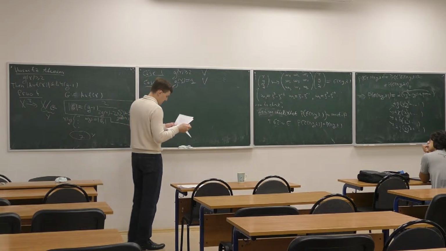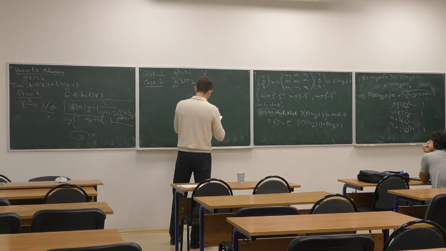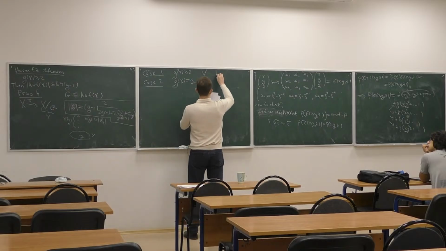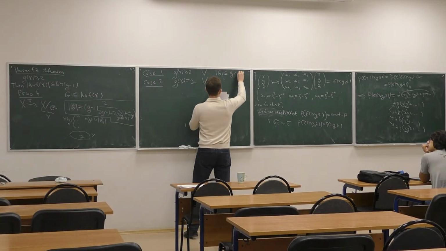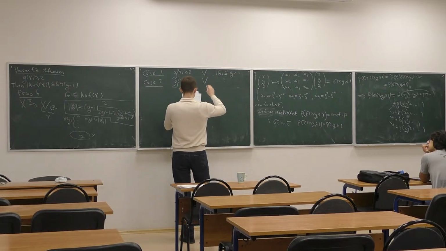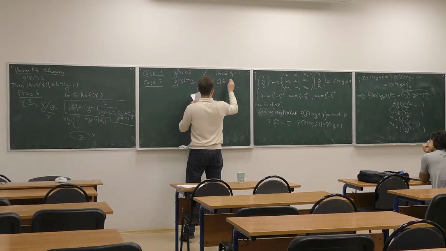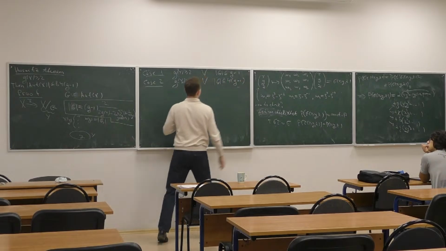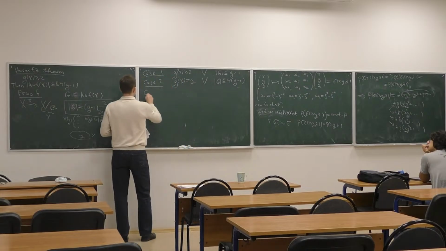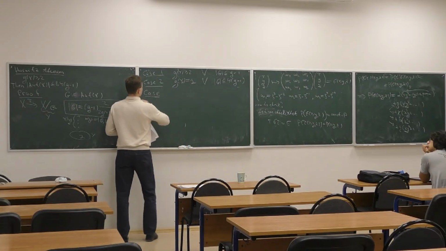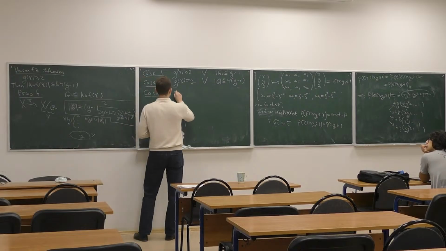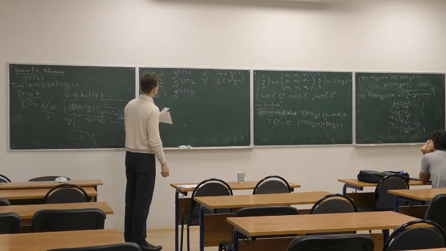In this case, we immediately got that this is less or equal than g minus 1, and in this case, we got that this is less or equal than 4g minus 1. Yes, and then we have the remaining case when g of y is equal to 0. And this we have to do now.